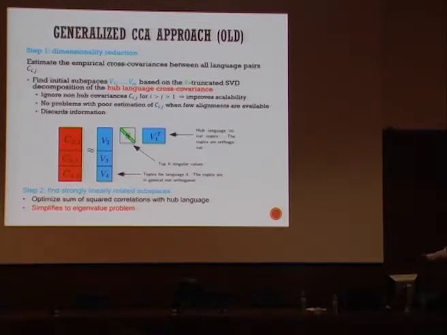And because we are doing only these cross-covariances using the English space, our problem at the end is just an eigenvalue problem, and this is not so expensive to compute and has an advantage over the problem of optimizing all the cross-covariance matrices, because that problem is in fact NP hard. So this is the only way to compute something meaningful in a short time.